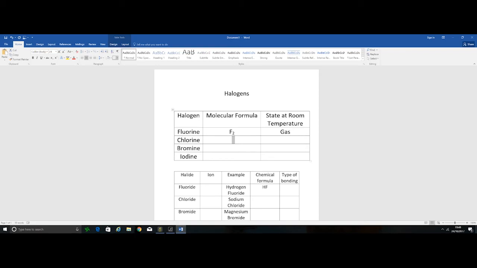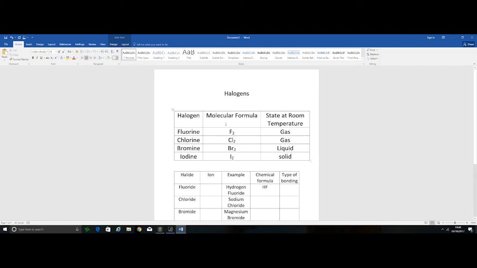Chlorine exists as, see if you've got it right, Cl2. So in other words, there are two chlorine atoms joined together, and this is also a gas at room temperature. Bromine exists as Br2 because it's diatomic. Remember, all group 7 elements are diatomic. This exists as a liquid at room temperature, and iodine exists as I2, and this exists as a solid.